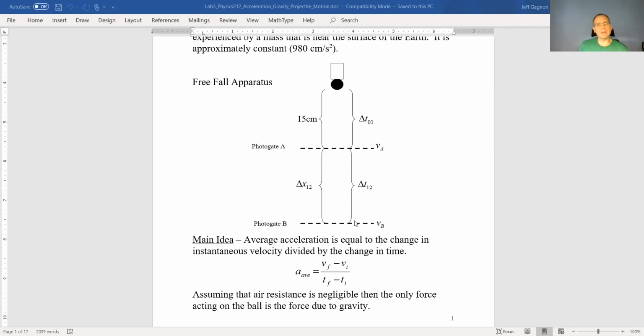The main idea is actually really straightforward. Remember that average acceleration is the change in velocity over the change in time.